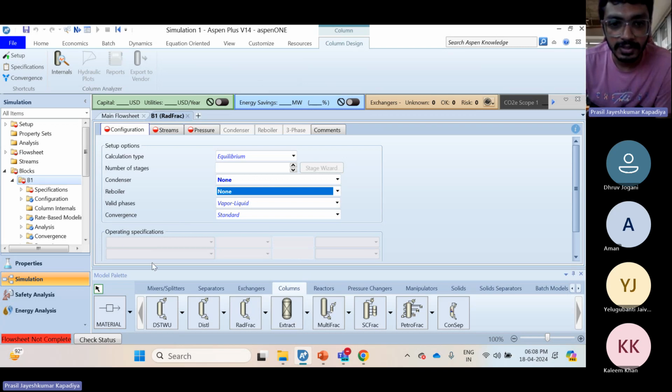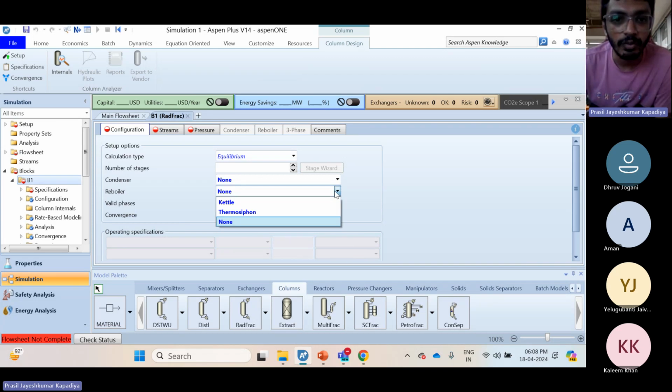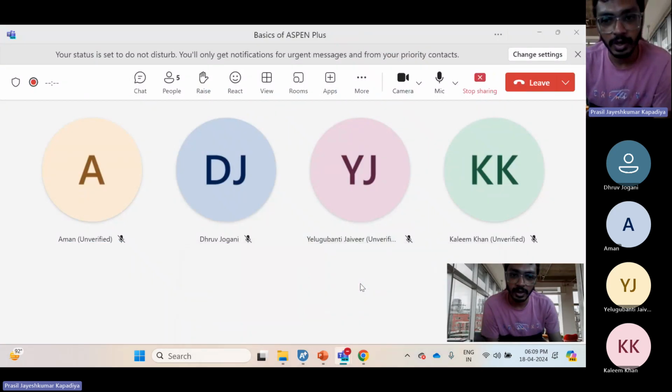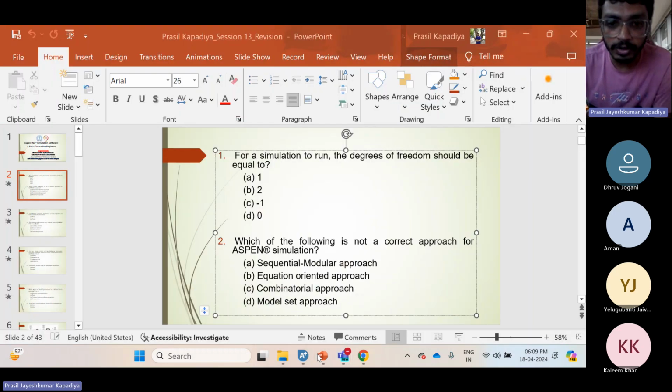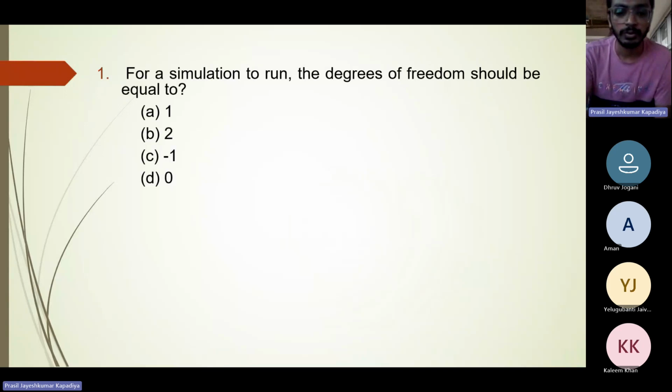We don't need these additional parameters. So this is how degrees of freedom is taken care of. If I take one reboiler and one condenser, then automatically these values are enabled. This is how Aspen takes care of degrees of freedom. It will only allow us to run when degrees of freedom is equal to zero. So this answer should be zero.